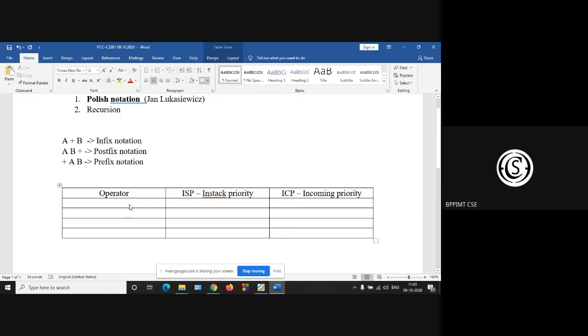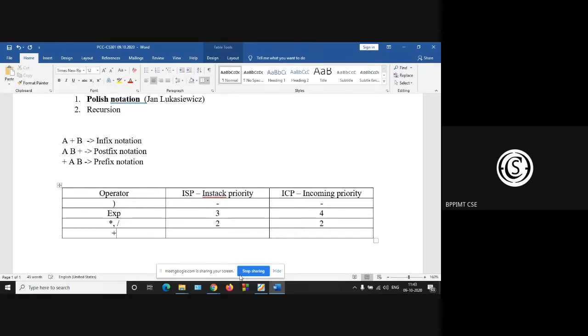So first, close bracket: in stack priority is null and incoming priority is null. For exponential, this is 3 and this is 4. For multiplication and division, these are 2.